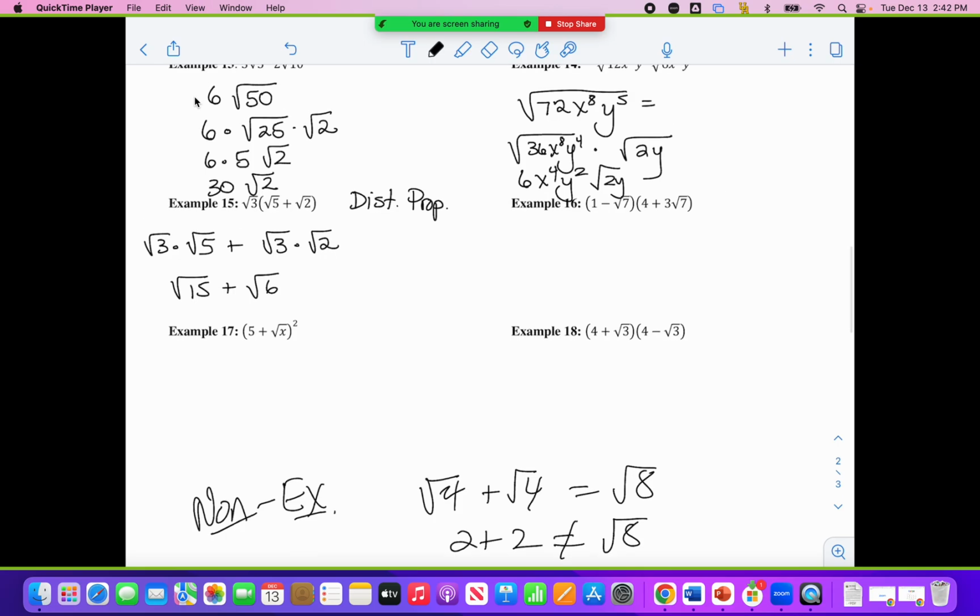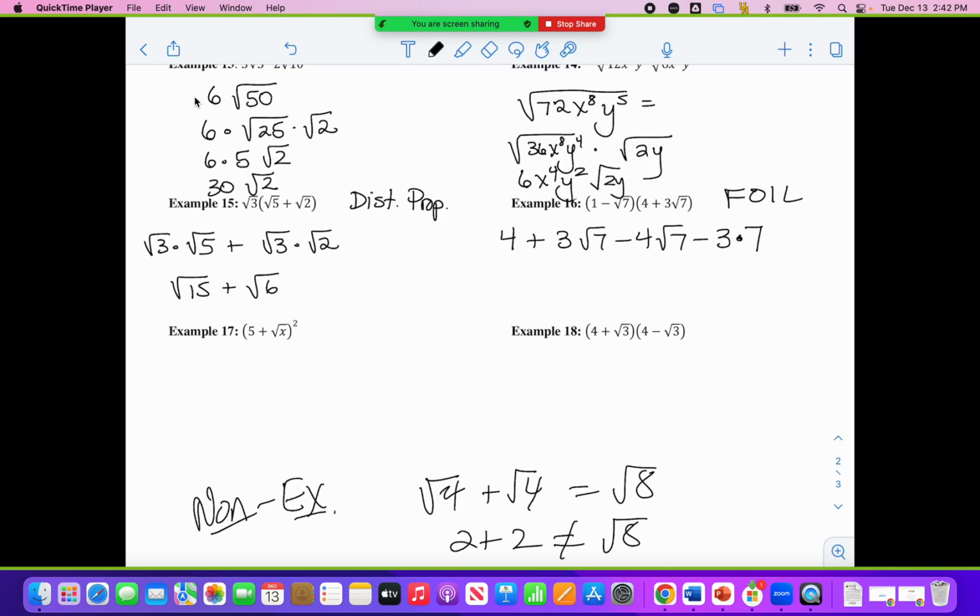All right, in example 16, I'm going to FOIL. I'm going to take 1 times 4 is 4. The outer is 3 square root 7. The inner is minus 4 square root 7. Minus, what's square root 7 times square root 7? 7.